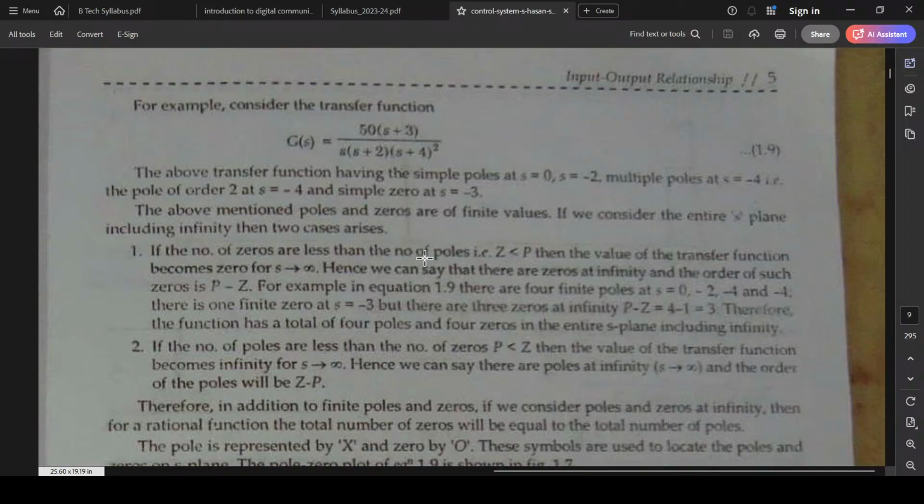There are zeros at infinity, and the order of such zeros is p minus z.